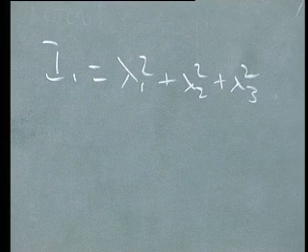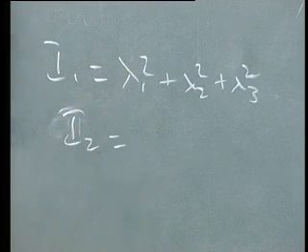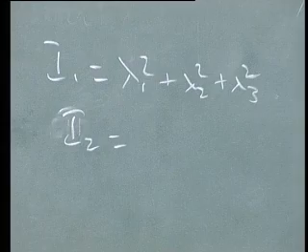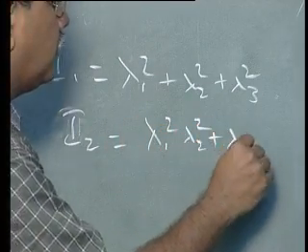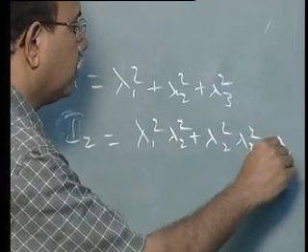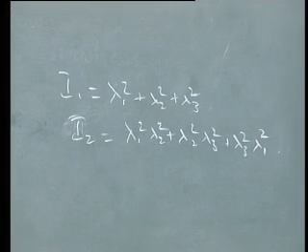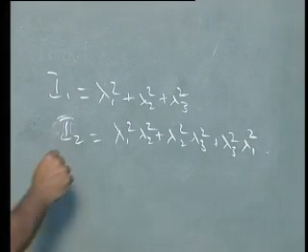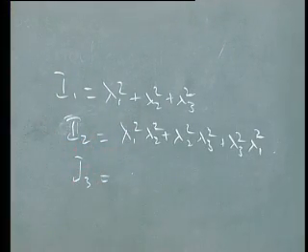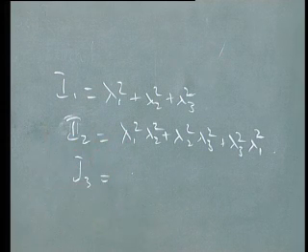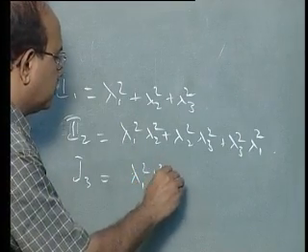And then I2 can be expressed as lambda 1 squared lambda 2 squared, plus lambda 2 squared lambda 3 squared, plus lambda 3 squared lambda 1 squared. And I3 is equal to the determinant of this diagonal matrix, and that is equal to lambda 1 squared lambda 2 squared lambda 3 squared.